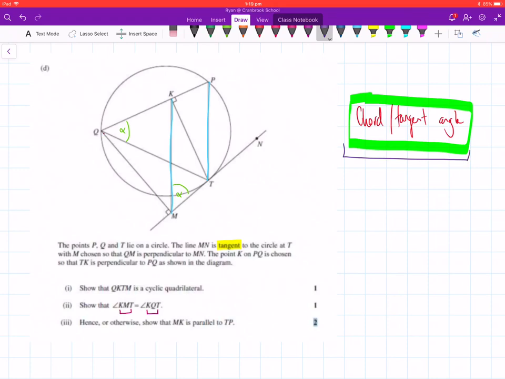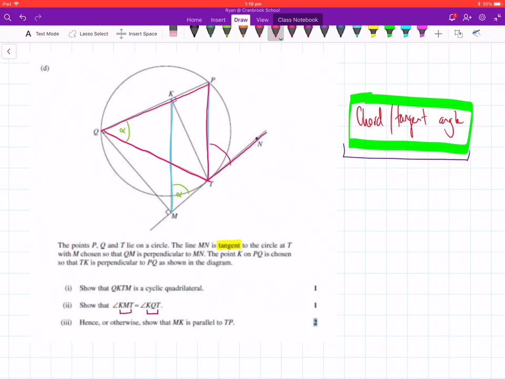So having a look at what I have, which is those 2 angles there marked as alpha, and trying to look at how I can use this rule, the angle between a chord and a tangent, and what I currently have, one of them sticks out. This angle here is subtended by the chord PT, and the chord PT meets the tangent.